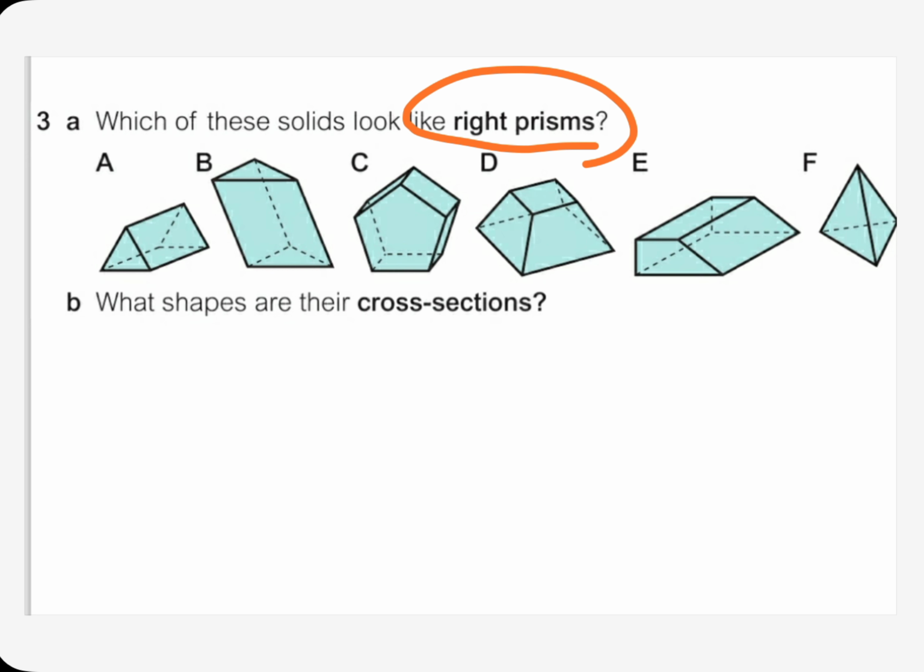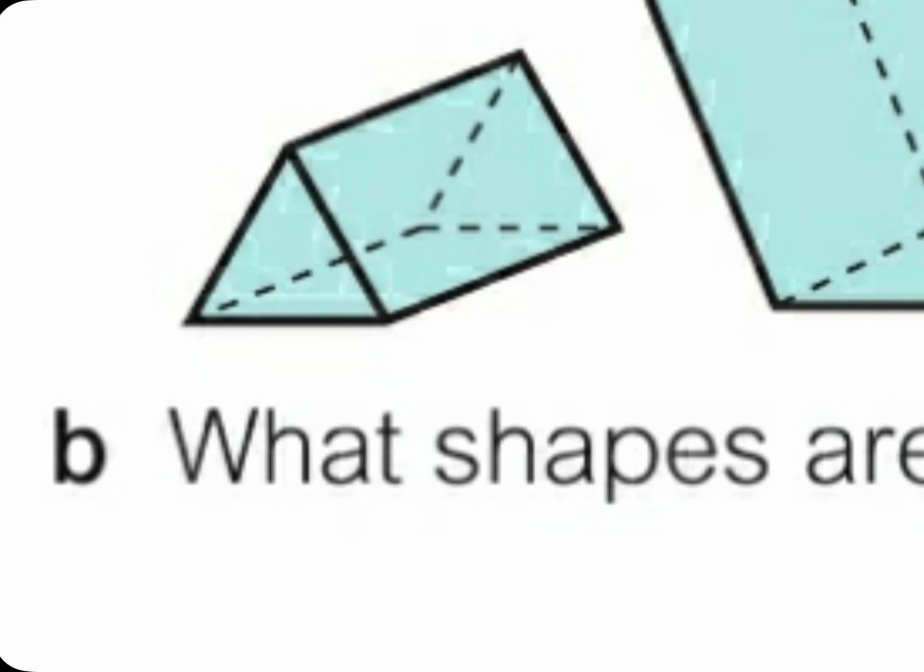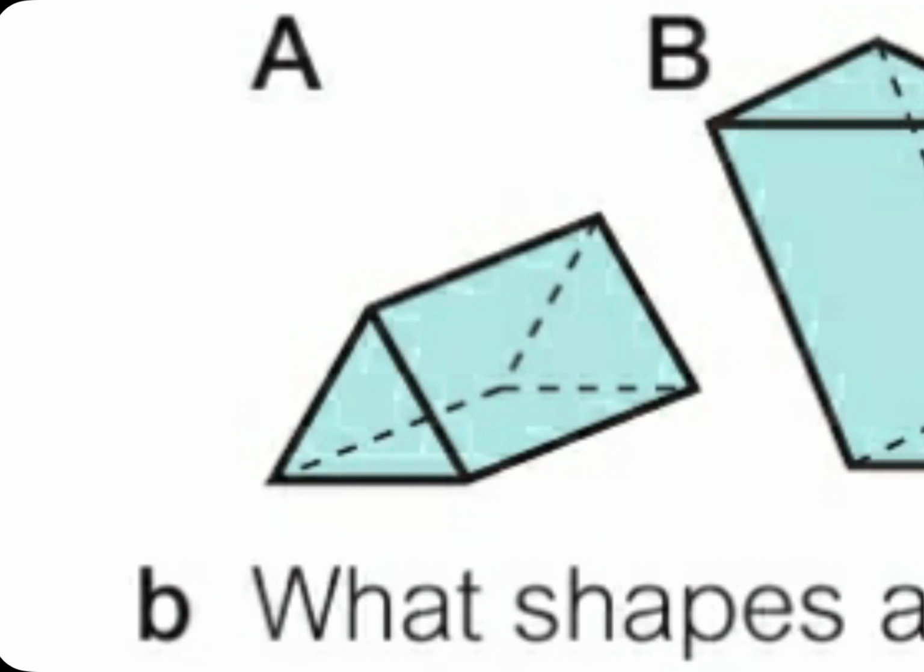Now, let's take a look at these prisms. In question A here, we have a triangular prism. We can see that the triangle here looks like it's at a right angle, and even the last one is at a right angle to the length.